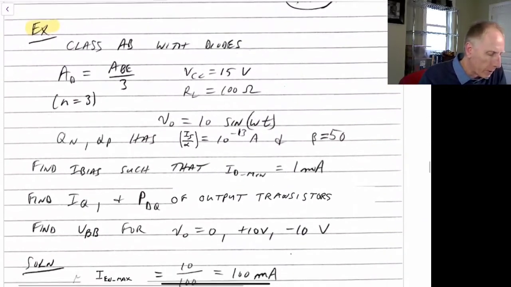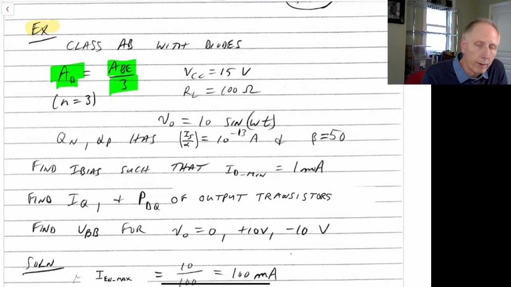So let's do an example here and see the kind of numbers that we end up with. So again, we're going to assume that we're using diodes here. And we'll assume that the areas of the diodes are 1/3 the area of the power transistors. So we have some savings here. So N is equal to 3. And our power supplies are going to be 15 volts.